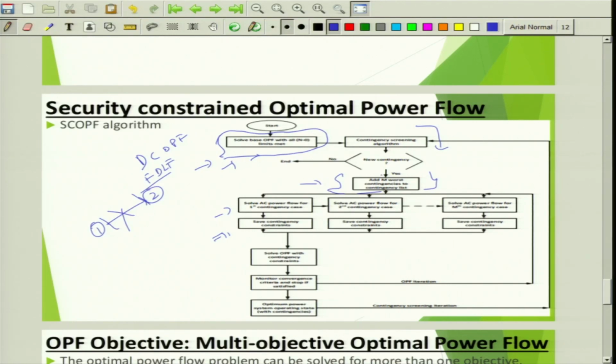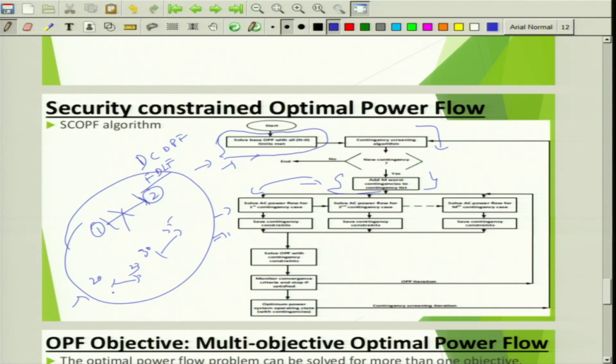Now you take that and carry out the AC OPF for the entire network. Now you get certain contingency constraints for this specific case. The contingency constraints could be a line power flow violation between, let us say, bus number 20 and 23, and there could be a violation in power flow between bus number 30 and 35, like this, say 10 constraints that you have got.